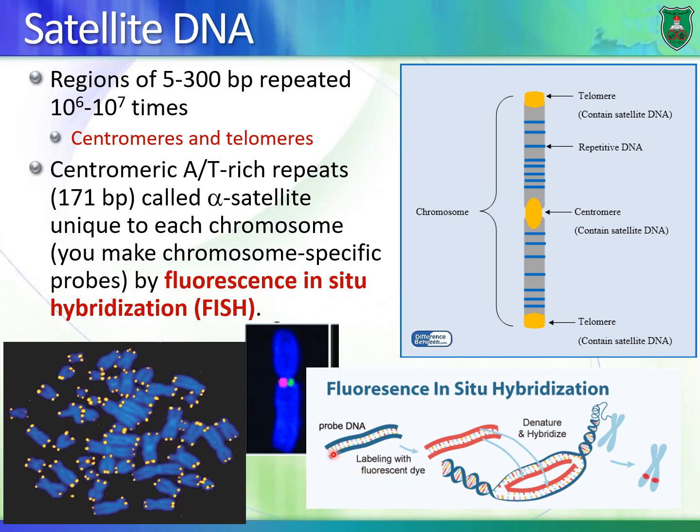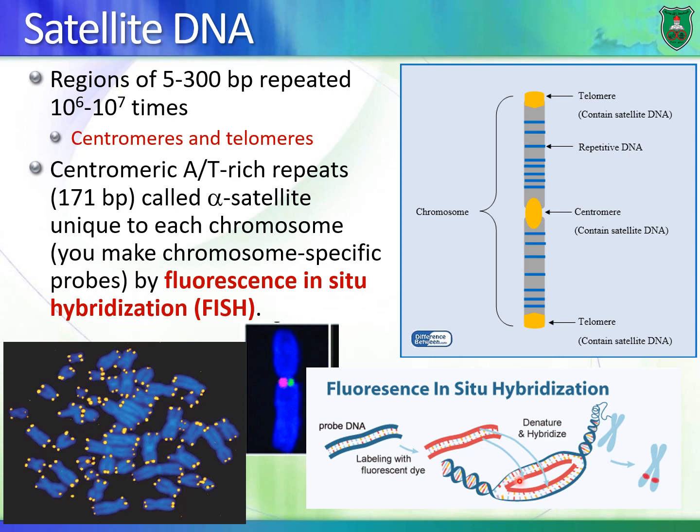So what we do is that we take a DNA probe. We already discussed what a probe means. We label the probe, and the probe is homologous. That is, it has a similar sequence to the DNA that we are targeting. So remember DNA homology.